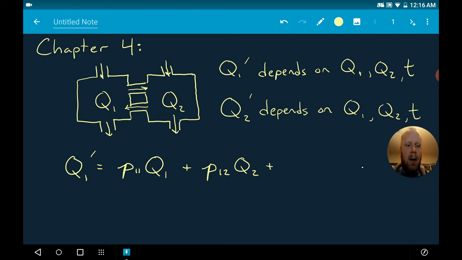And then if we have some kind of inflow rate, then we can also say there's maybe some kind of function of t on there. So we'll call that G1 of t, since we'll have one for Q2 as well. Q2 prime is going to look very similar.